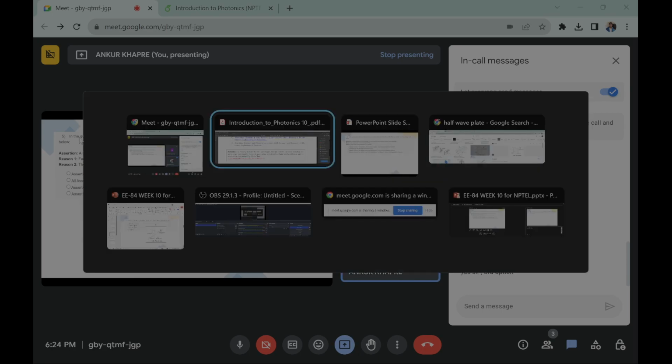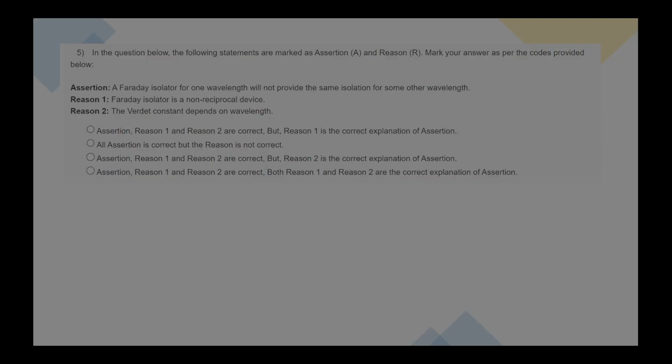It should have been determined by Verdet's law. Okay, I'll just read this one. The solution is written as: the Faraday isolator for one wavelength will not provide the same isolation for some other wavelength, okay.